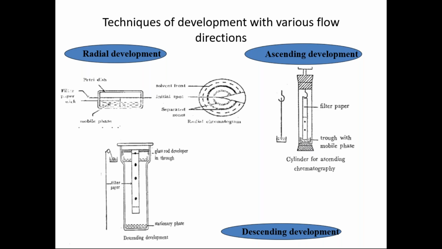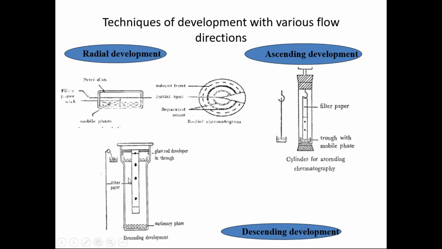Because paper is very thin and it cannot support itself, we generally use a hook on the lid of the chamber through which the paper is suspended and the analytes will separate. So generally there are special chambers for the ascending development.